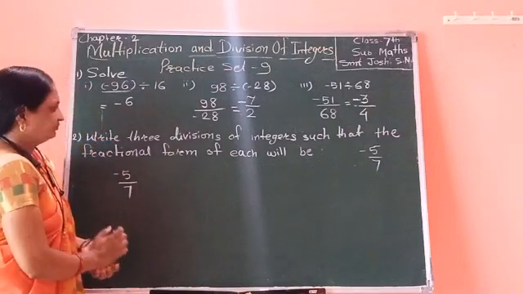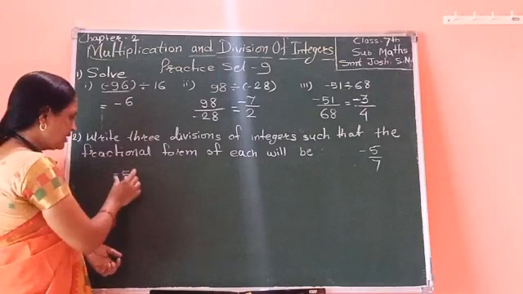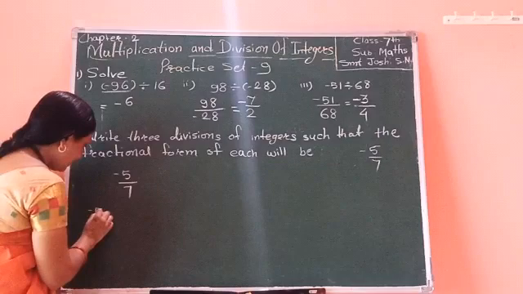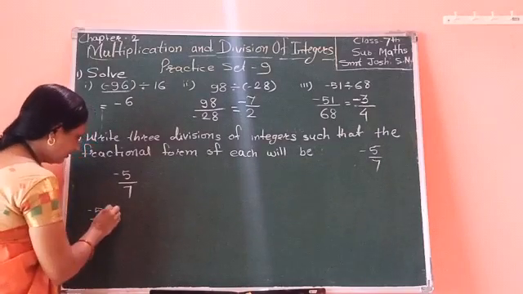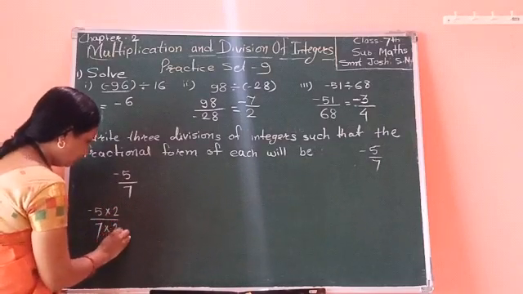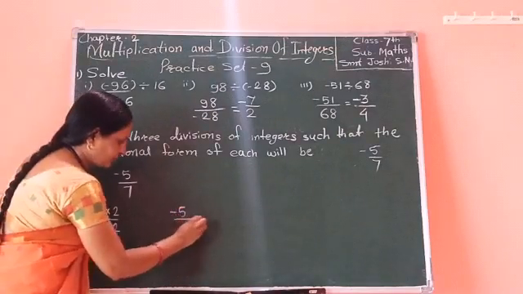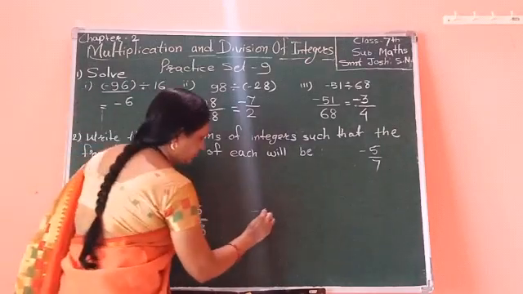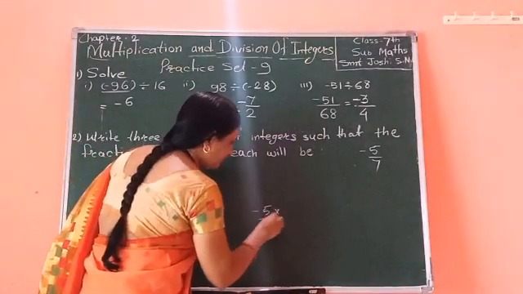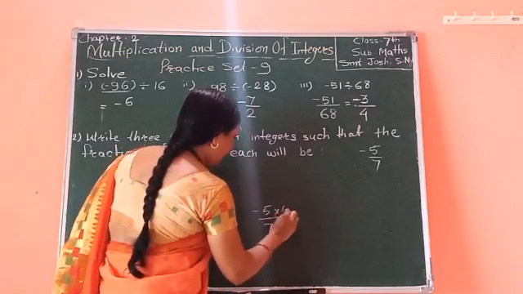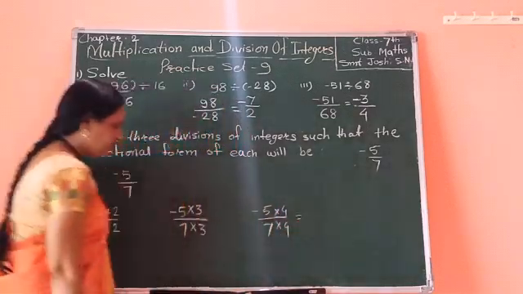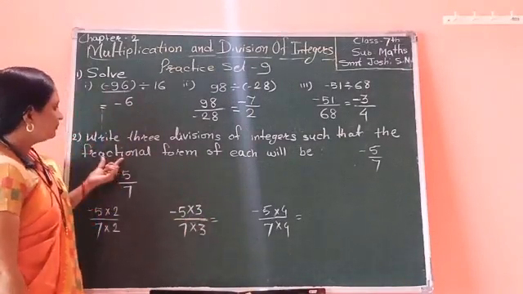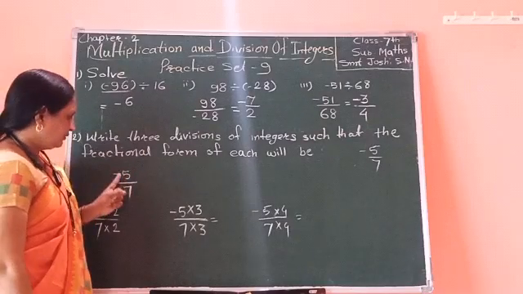To get the fractional forms of -5/7, multiply -5/7 firstly by 2, then by 3, and then by 4. We get 3 fractional forms whose division is -5/7.